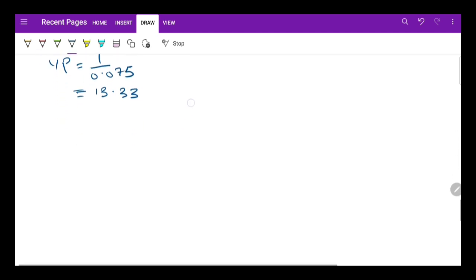So now we have to do the valuation. We say the freehold valuation, and then we have our net rent. Our net rent is 6 million naira per annum.